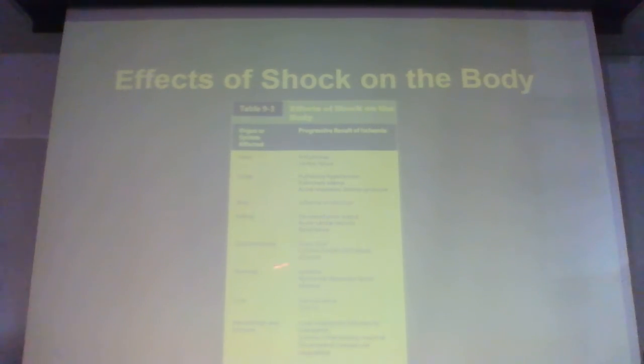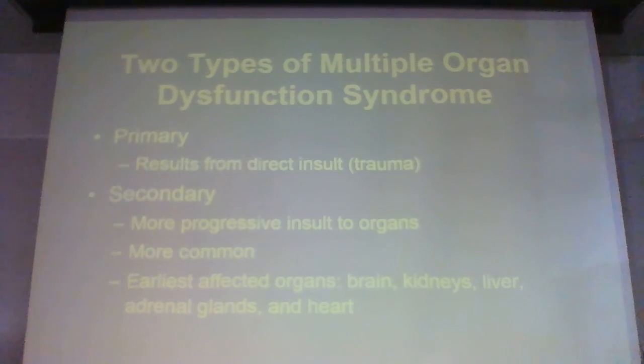Other stuff down here, you can get stress ulcers, ischemic bowel with release of toxins, hypoglycemia, on down the road there. So, there's two types of MODS. Primary MODS is a result of direct insult, such as trauma. Secondary MODS is more progressive to the organs.